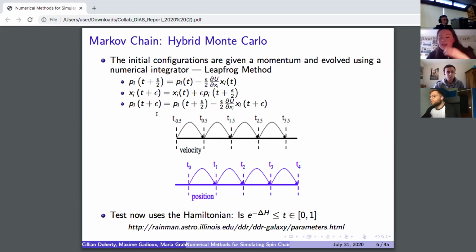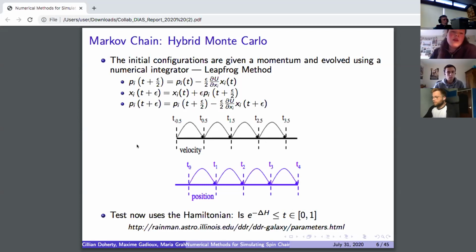So it might be a bit more clear looking at this diagram here. You take the initial momentum value and you evolve it 1/2 step, and then you take the position, and using that generated momentum value, you evolve this 1 step forward, and then using this value for the position, you evolve the momentum 1 step forward, and so on and so forth until it's complete.